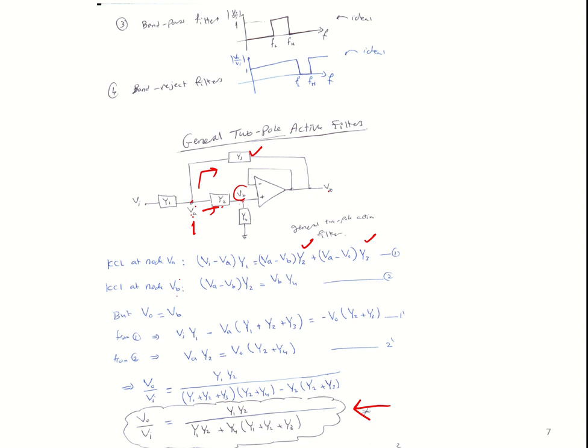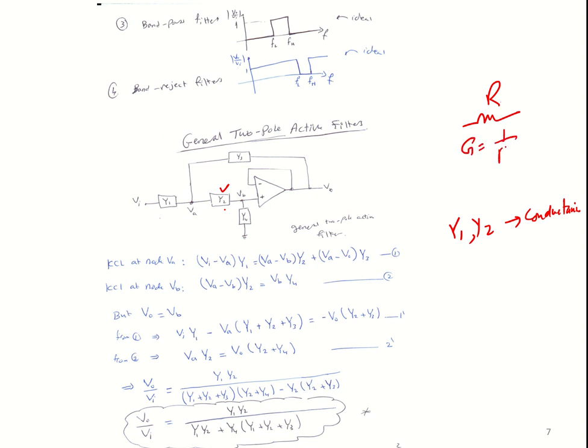Now here come the important things. If you want to make this a low pass filter, then Y1 and Y2 must be conductances. Conductances means, if you have a resistor R, its conductance is basically 1 over R. So you are having resistive components.